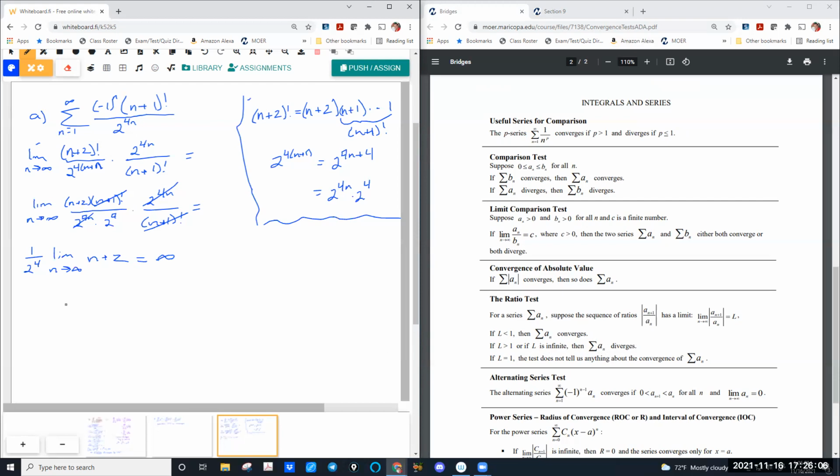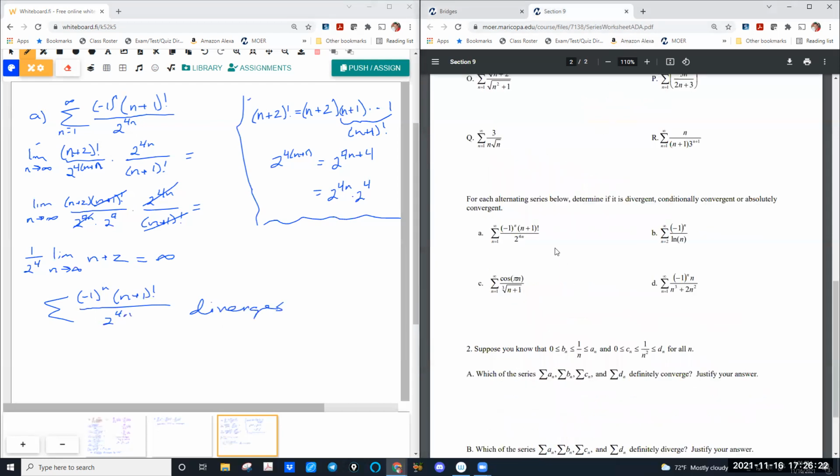Now, so our series, I'll go back to the question in a second. Here's what's nice about the ratio test on problems like this. This one asked you to figure out if it was divergent, conditionally convergent, or absolutely convergent.